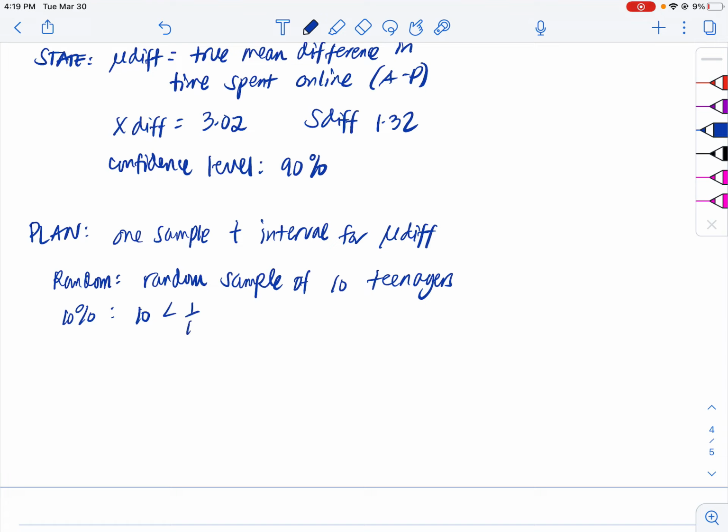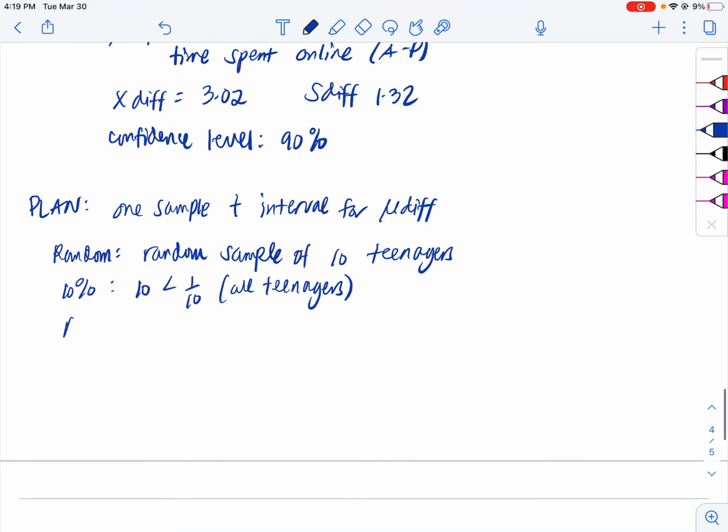10 is less than 1/10 of all teenagers. And then for normal, the population wasn't said to be normal. Our n is less than 30, so we have to check if our dot plot has skewness or outliers.